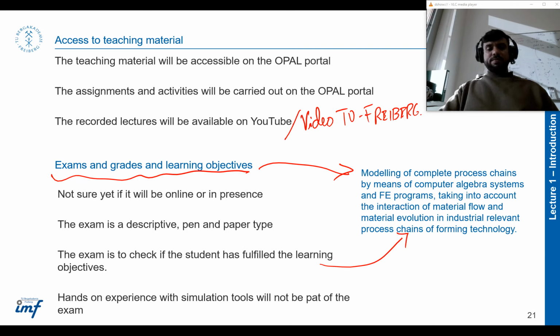And hands-on experience with simulation tools will not be part of the exam. So when I say take part in the simulation club and learn the tool and see how things are going, that is not something which will be part of the exam, but is just a voluntary activity which will help you get the most out of this knowledge.